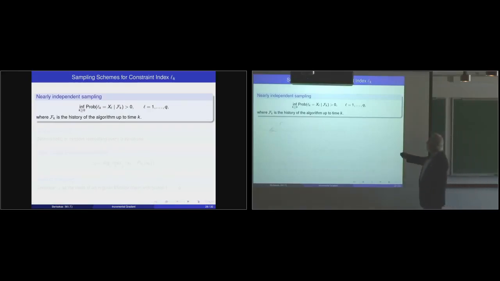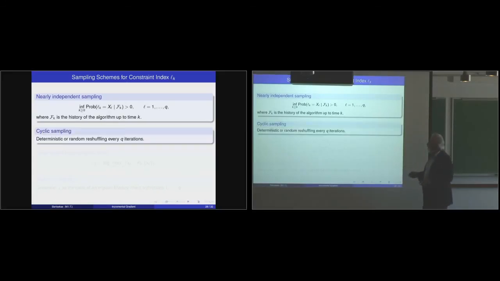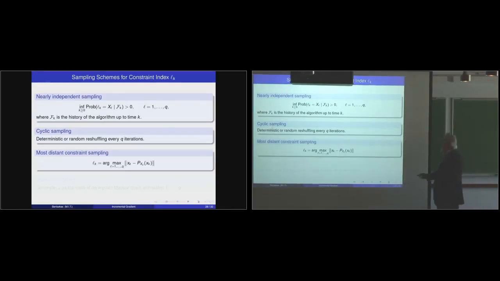Various assumptions on sampling for the constraint index. One possibility is to do nearly independent sampling: you pick these constraint sets at random and independently. Cyclic sampling involves either deterministically picking the constraints or reshuffling them at every cycle. Another scheme is most distant constraint sampling: you project on the constraint that's farthest away from where you currently are.